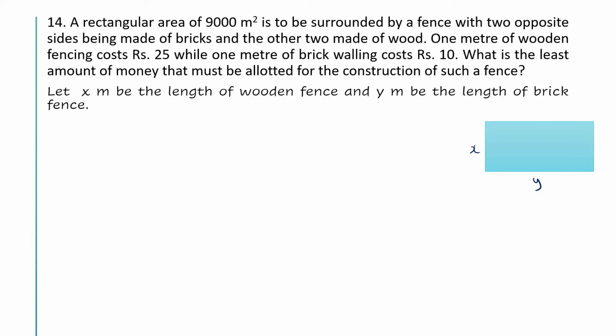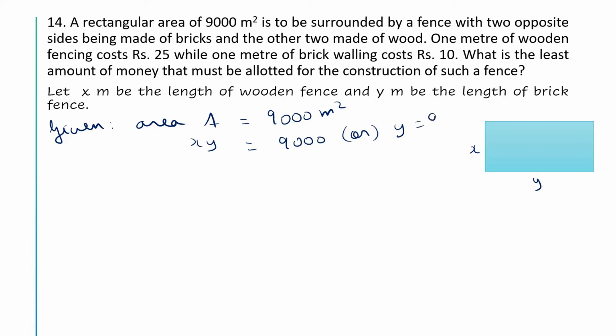So it is given the area A is equal to 9000 meters square, or from this we have xy is equal to 9000 meters square, or y is equal to 9000 divided by x.